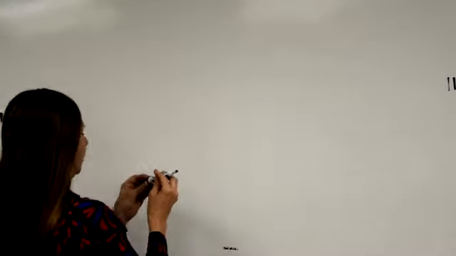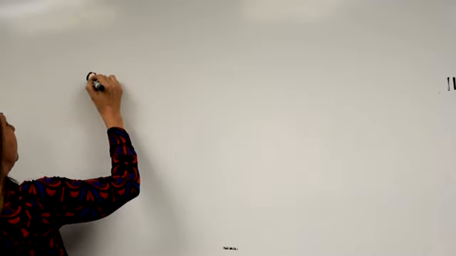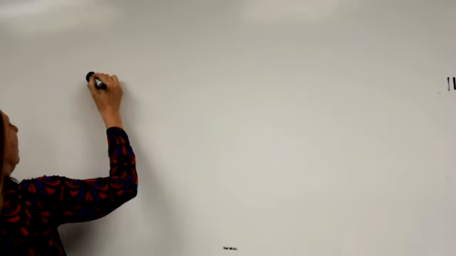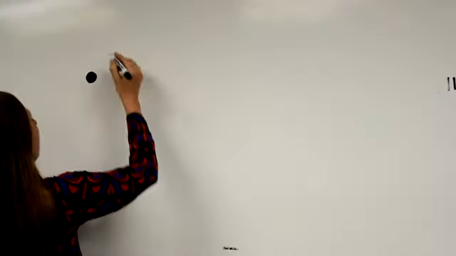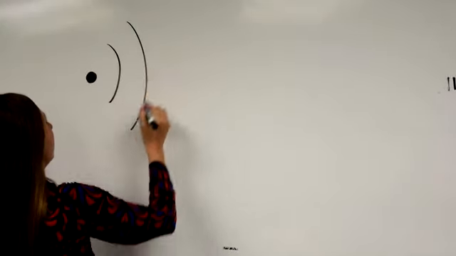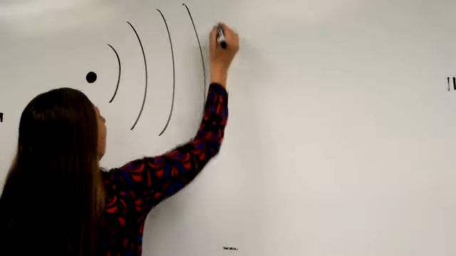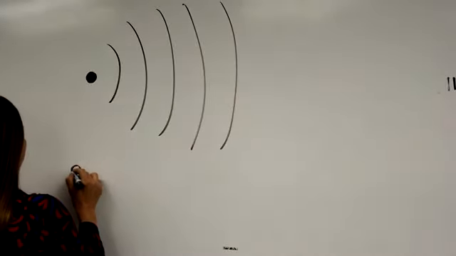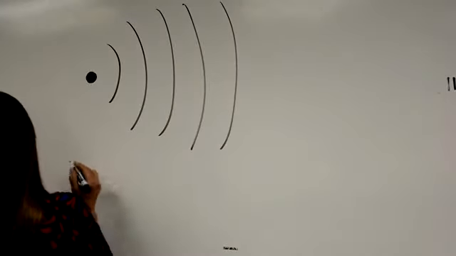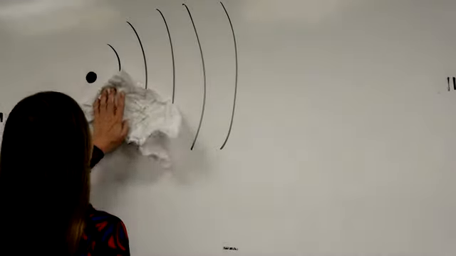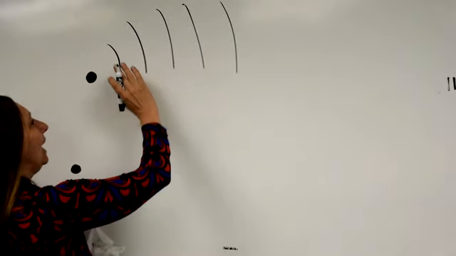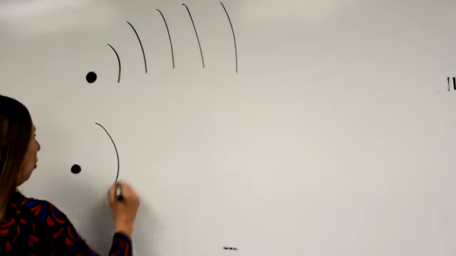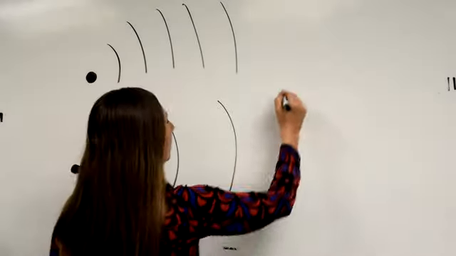Here's the police car's siren. If it's a high pitch, high frequency, then the wave fronts are closer together. If it's a low pitch, low frequency, then the wave fronts are going to be further apart. So this would be ah, this would be ooh.